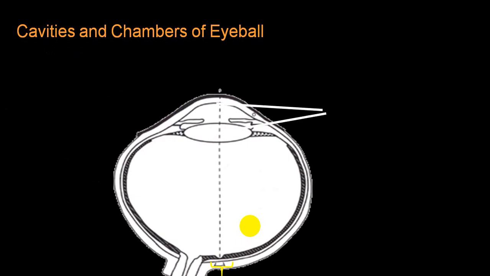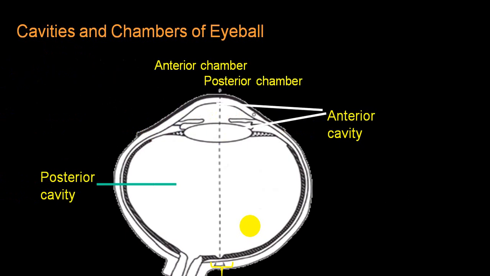If you look, these are the different components. This is the anterior chamber, this is the posterior chamber, vitreous humor.